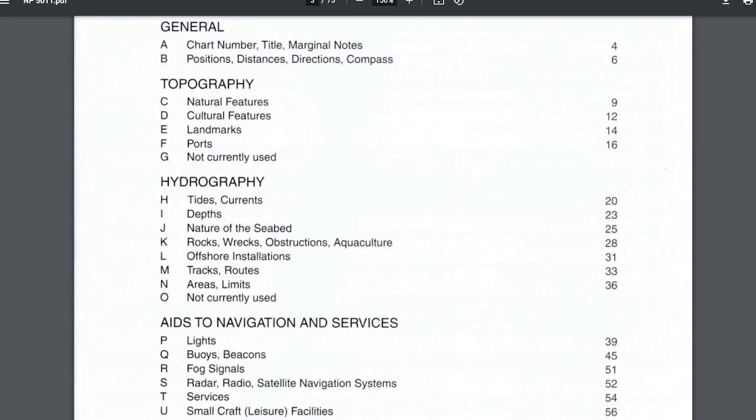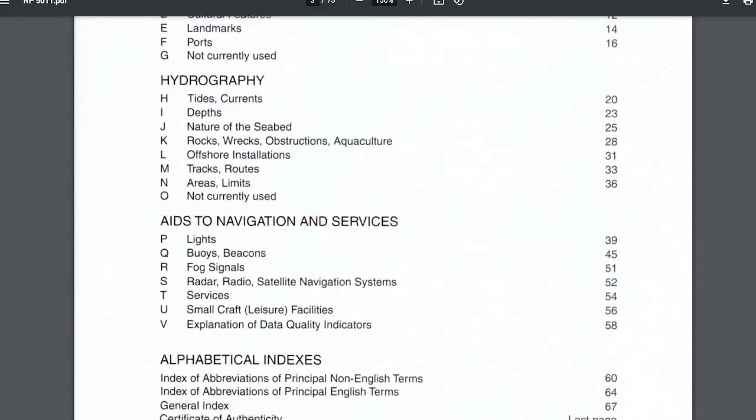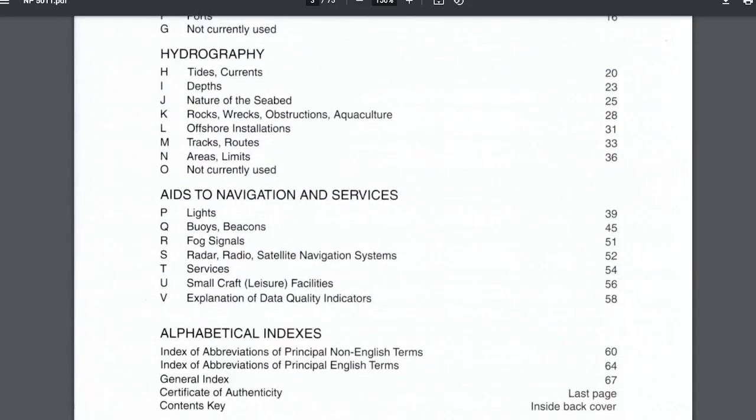Rocks, wrecks, obstructions, extremely important from the exam perspective. Tracks, routes, area limits, aids to navigation, services, lights, buoys, which kind of light, which kind of buoy, all those cardinal marks, and what the light says about the flashing duration or the color. You can refer to this section.